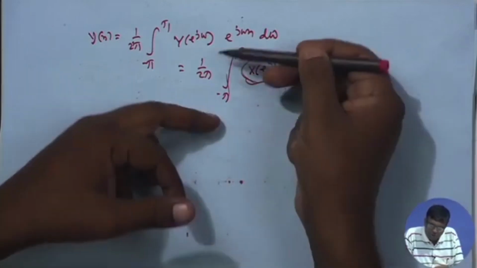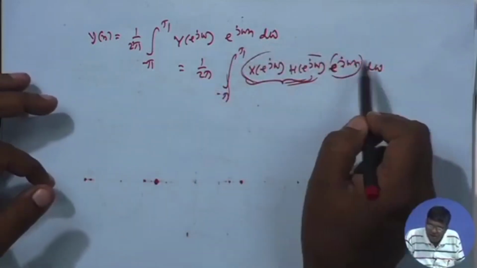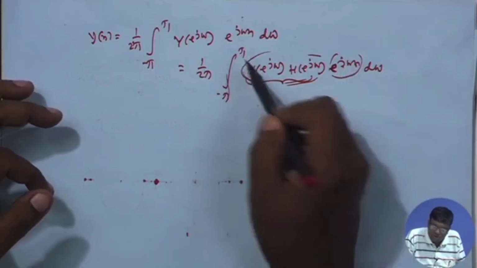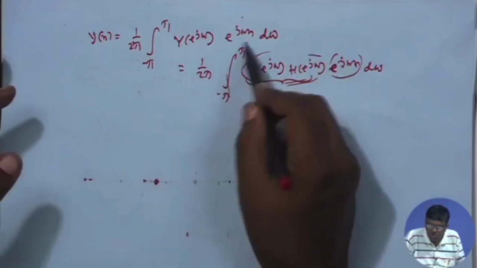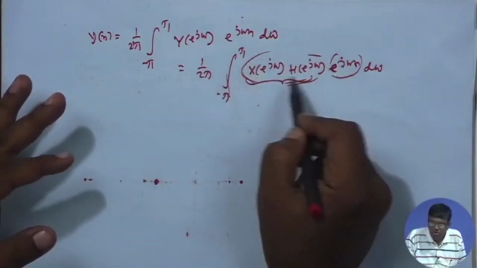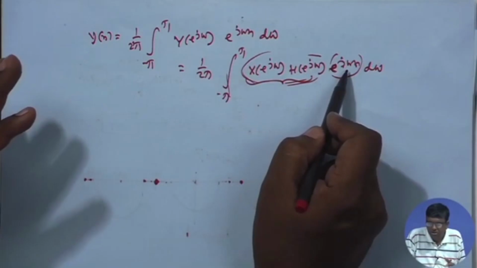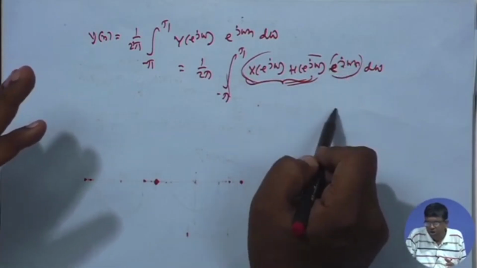And you are superimposing several such carriers by varying omega continuously, not only one frequency, but various frequencies continuously over this range, and then adding all of them. So, it is a superposition of various carriers of continuously varying omega.